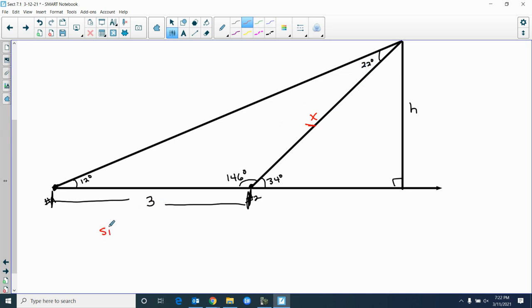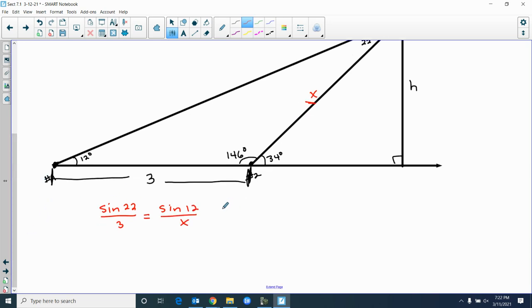So I'm going to take sine of 22 degrees over 3 equals the sine of 12 degrees over X. All right, go ahead and use your calculator, cross multiply. You get X times the sine of 22 equals 3 times the sine of 12. Divide by the sine of 22.